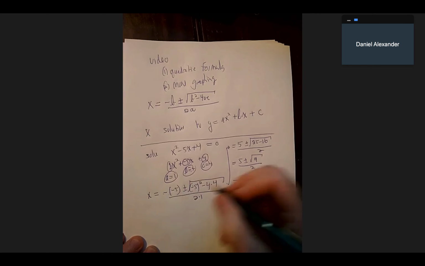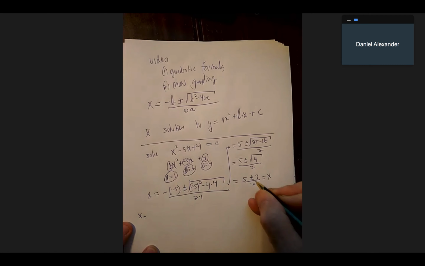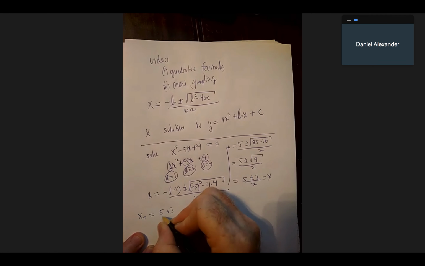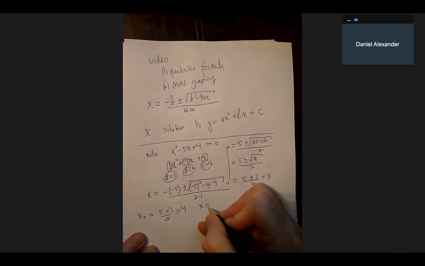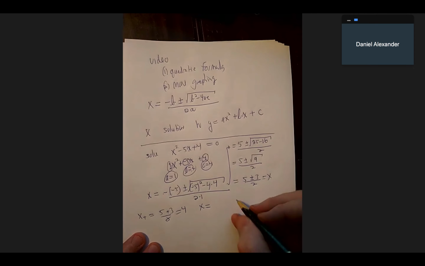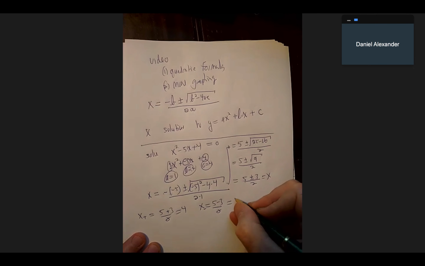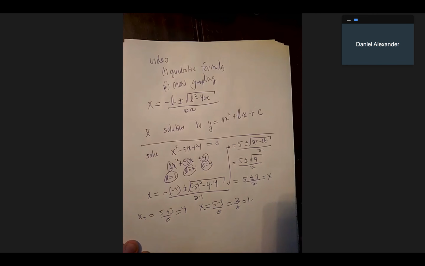So that's what my x's are. So the x that goes with the plus, I'm going to call it x plus, is equal to 5 plus 3 over 2, which is 4. My other x is going to be 5 minus 3, that's 2, divided by 2, which is 1. So that's how this works.